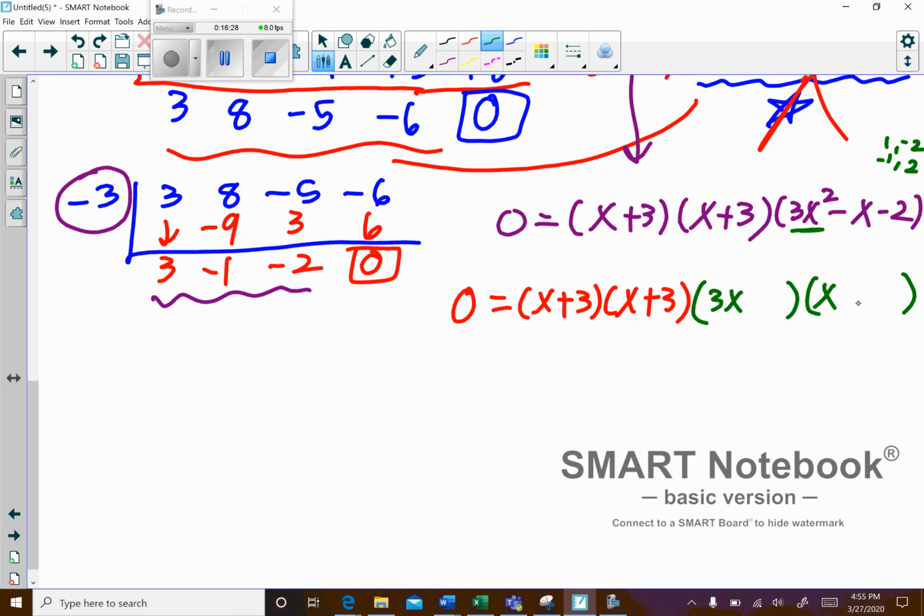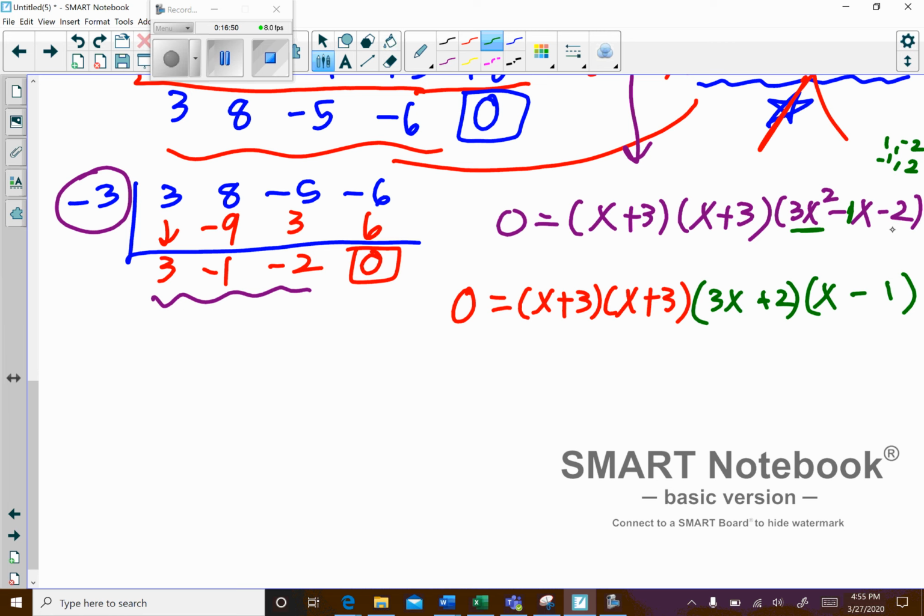And I got to figure out where each one would go. And this, once again, just from experience, I know that the minus 1 is going to go here, and the plus 2 will go here. And if you were to FOIL it together, you would see that the outer and the inner add up to that minus 1 in the middle, and obviously the last two multiply to give you that minus 2 right there.